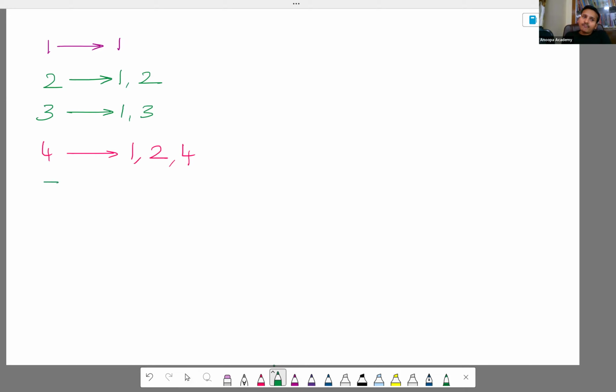What are the factors of 5? Very good. And everyone, please put in the answer. Even if it is not correct, it's fine. But please put the answer. Yes. So factors of 5 are 1 and 5. What are the factors of 6?